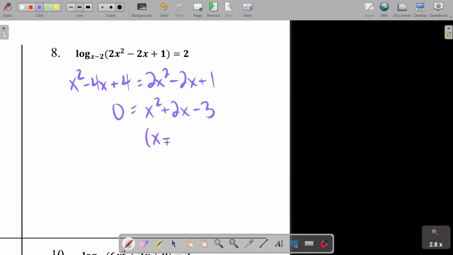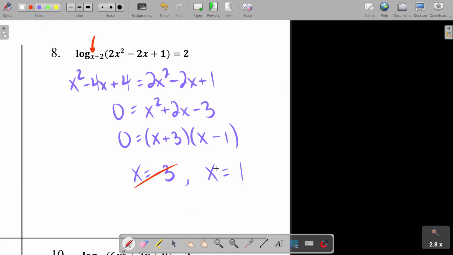And the factors are, of course, x plus 3 and x minus 1, leaving us with potential answers of x equals negative 3 and x equals positive 1. These will both pose problems right away. If you put either of them in where this arrow is pointing, you're going to get a log with a negative base. And we know that that's, right out of the gate, a rule that we can't break.